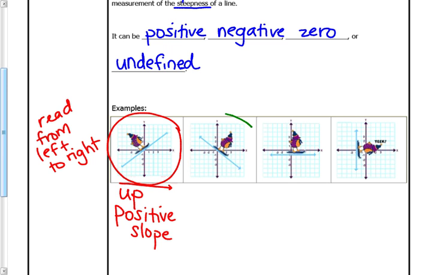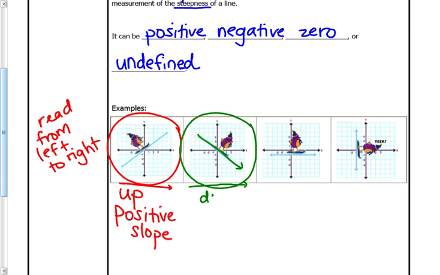Now we see the bird going down the mountain or the ski slope here. And I know he's going down because, again, I'm reading from left to right. So I can see from here to here, he's going down. When he's going down the mountain, he doesn't need as much resistance going against him. So there's negative resistance there.